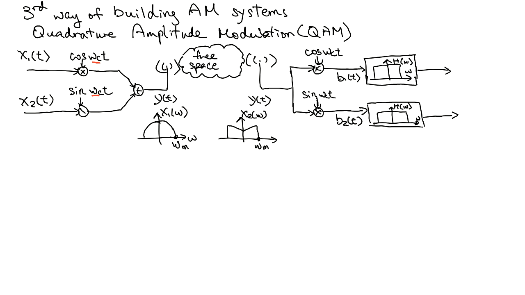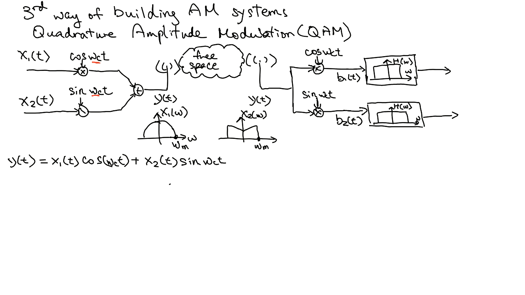Let me start by saying y of t is x1 cosine omega ct plus x2 sine omega ct.